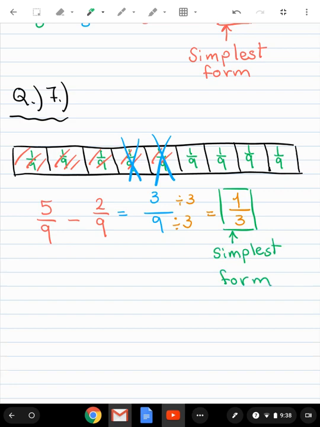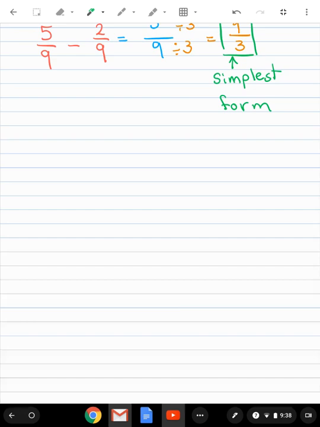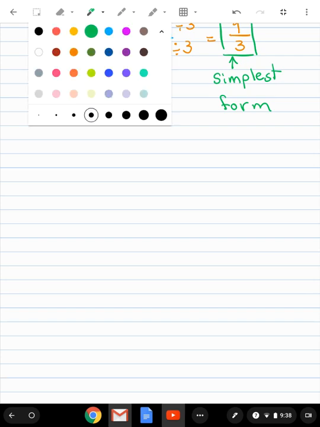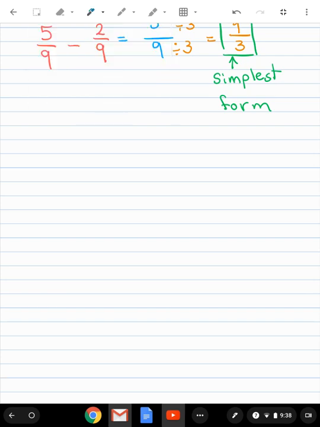Again, we will do another example on another way of subtracting fractions. We said before we have something called the number line. We will do now number 8. We will use the number line. Here I have the number line starting from 0 out of 4.